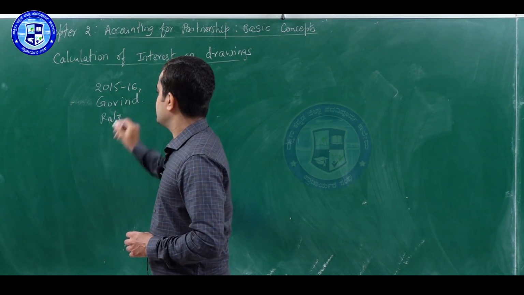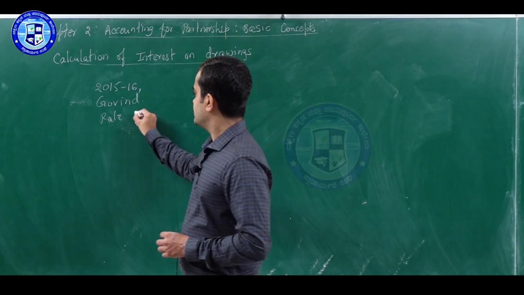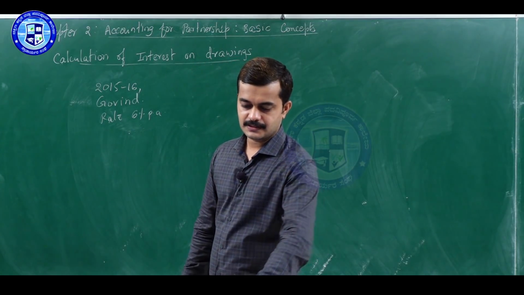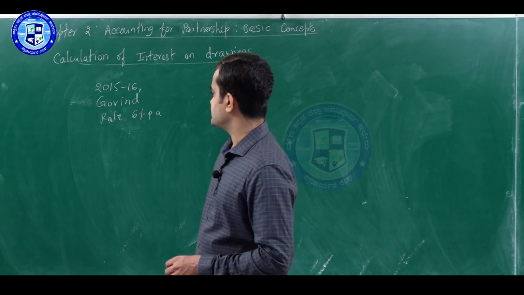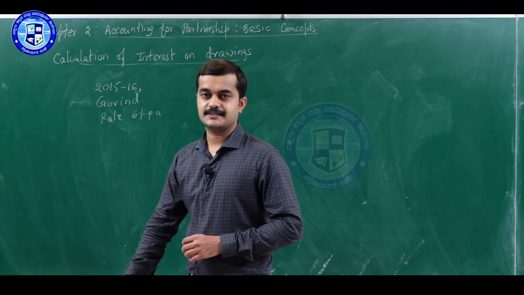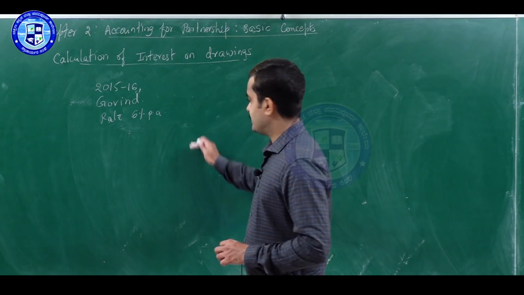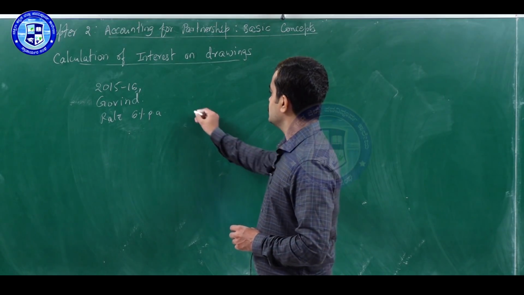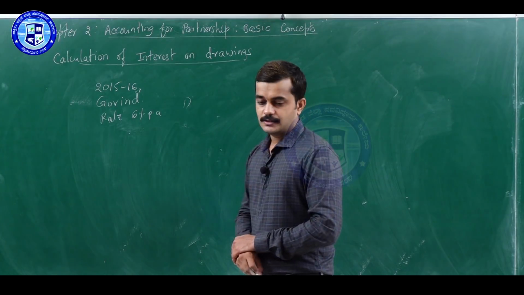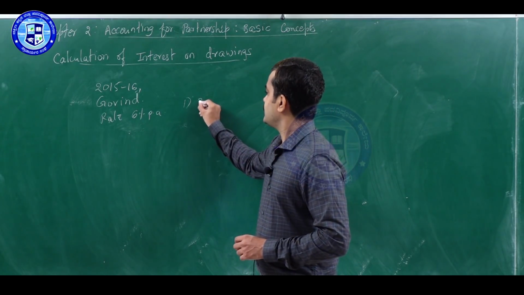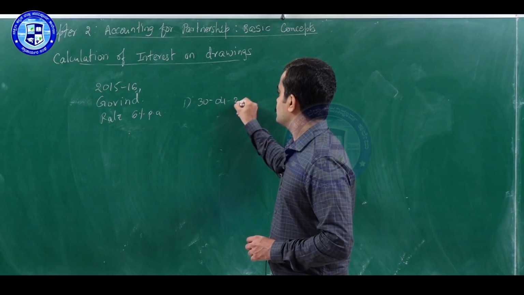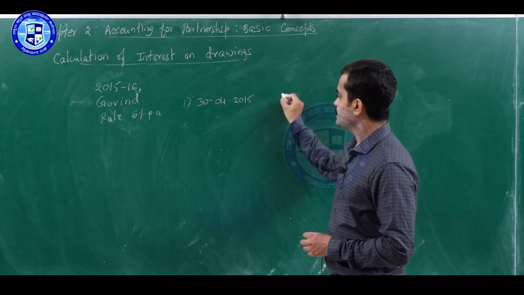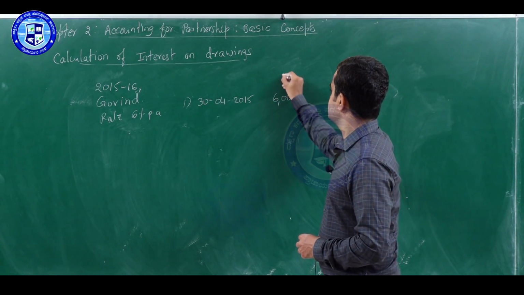Rate of interest is also given, that is 6% per annum, and the accounting period ends on March 31st, 2016. They have mentioned different amounts of drawings here. I will write that one. The first drawing he made was on 30th April 2015 and the amount is rupees 6,000.